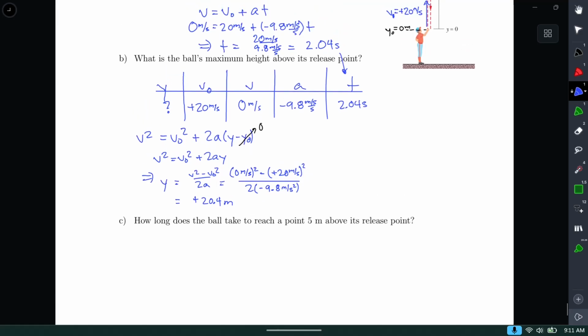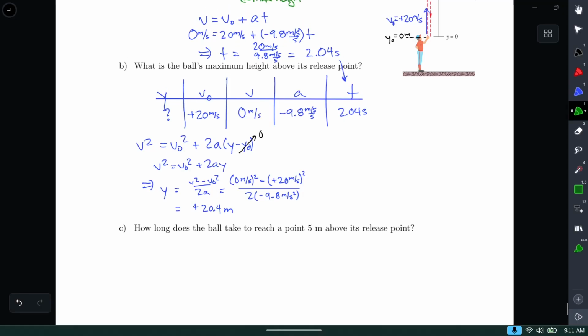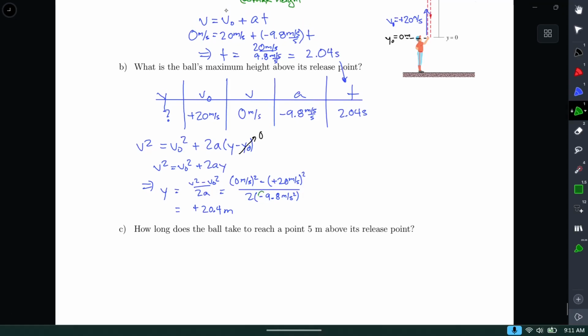One thing to mention here that is not so much a nitpick is that if I had not used a negative here, like I'm supposed to for my acceleration, I would have gotten a negative answer right here, right? Because this negative cancels out this negative. If I didn't do that, I'd be saying that the ball goes underground. So I would know something's wrong.